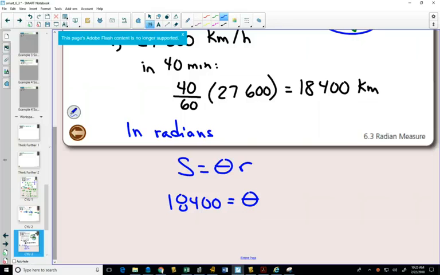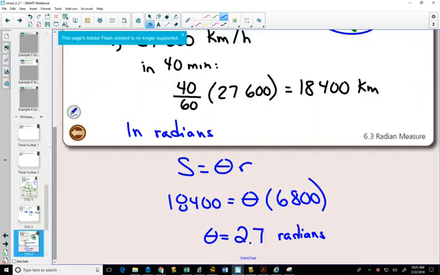We know the radius of that circle was 6,400 plus 400, or 6,800. We could divide both sides by 6,800, and we get 2.7 radians. Did it say to the nearest tenth or nearest hundredth? To the nearest tenth.